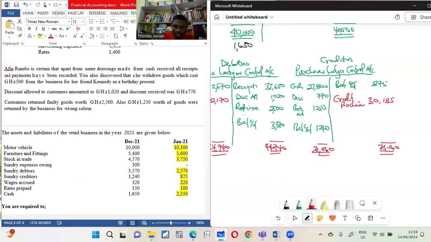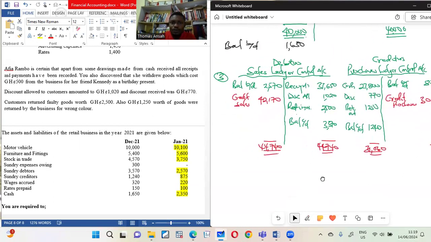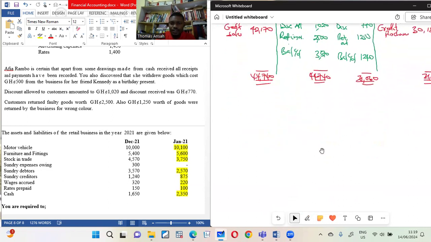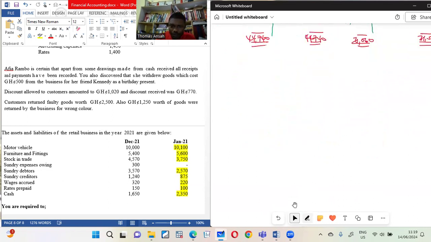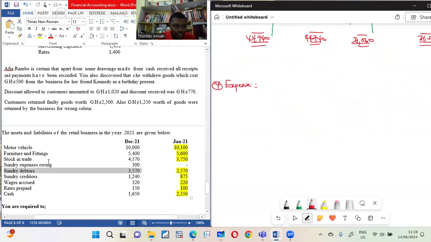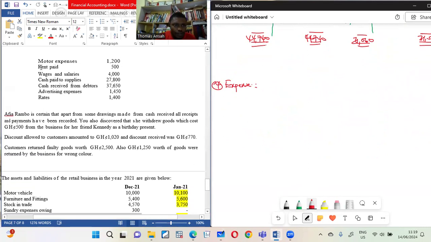All right, so basically that is that. So this one is done. The next thing we are supposed to do is about some expenses. All right, what are some of the expenses we need to create an account for? So let's look at the expenses that appear. We have these expenses: rent paid.